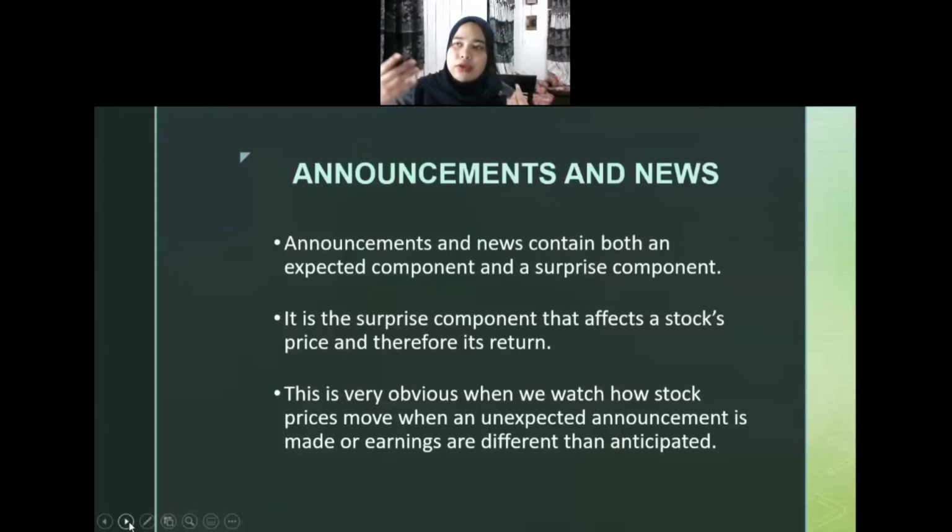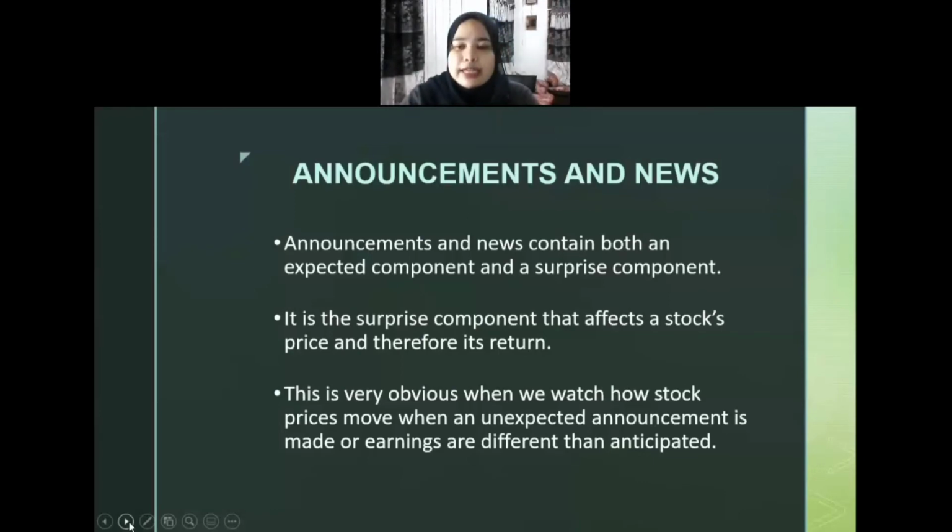It should not surprise anyone, since the information is easy to figure out based on the sales figures that are available online. So that's why the announcement can be an expected return.